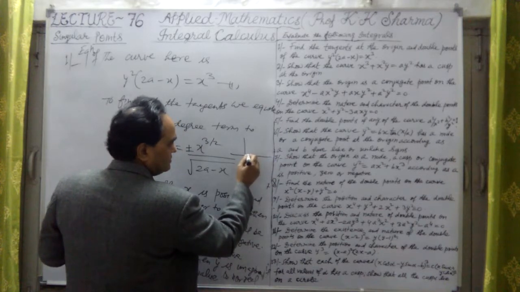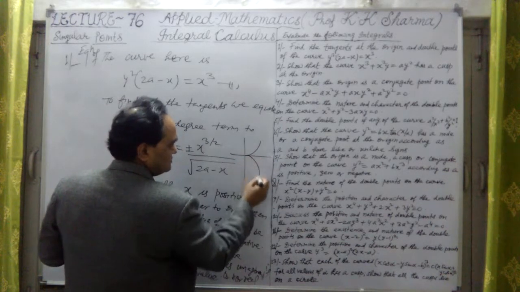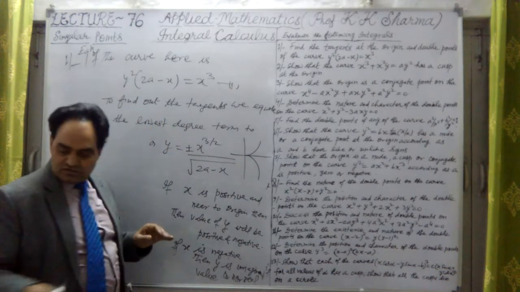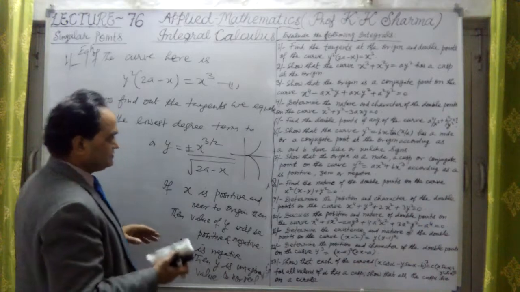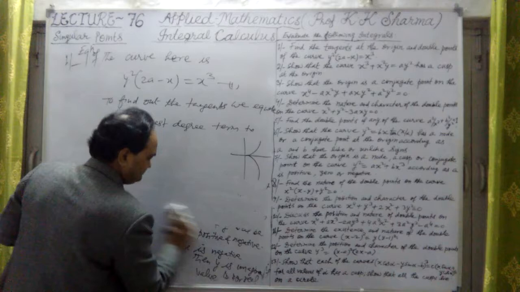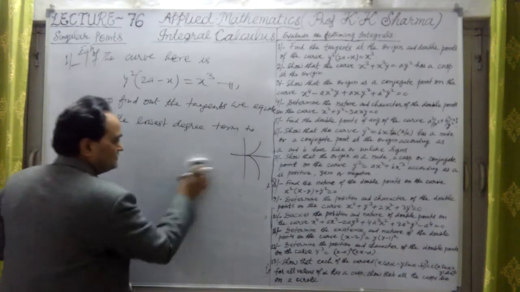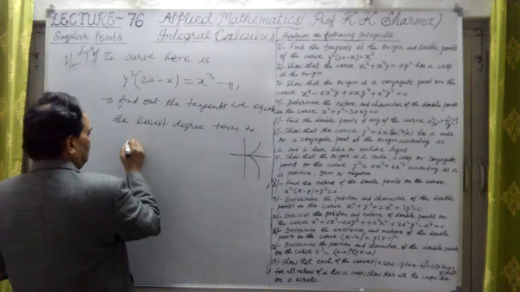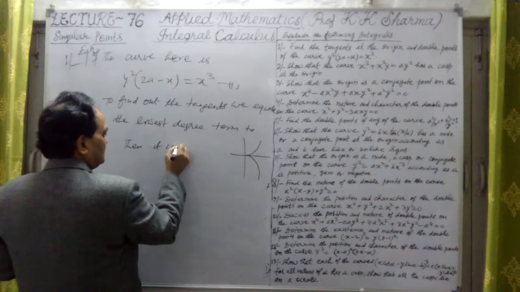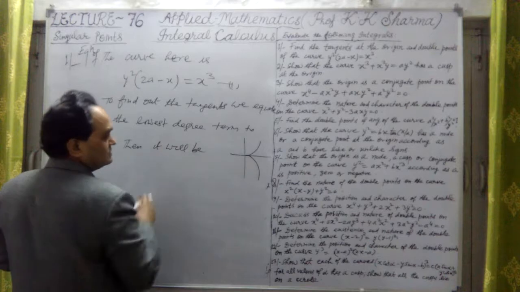The curve can be like this. This is a cusp of the first species. It may be a cusp of first species, and so it will represent a cusp.